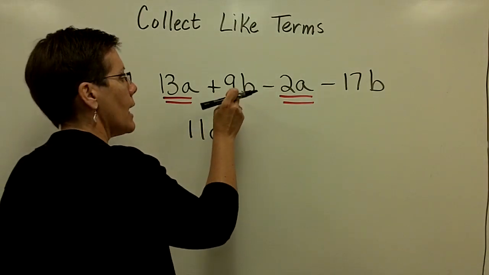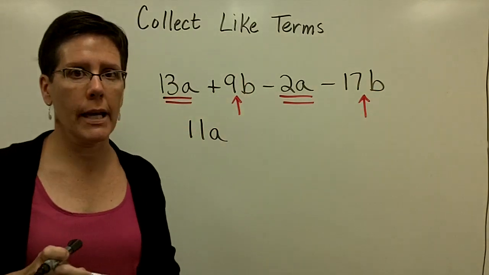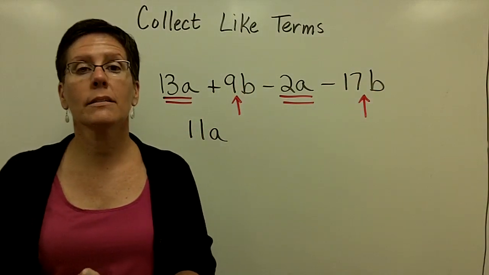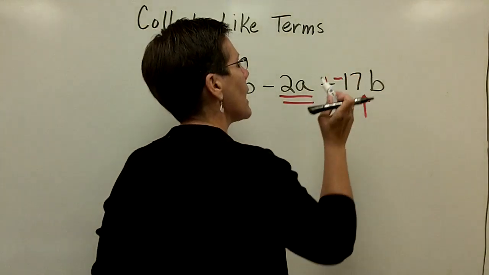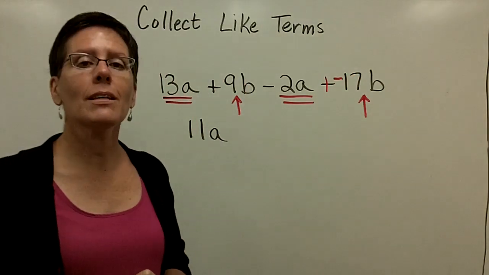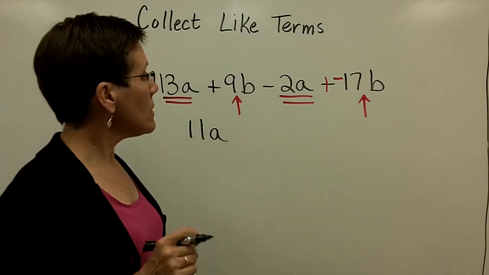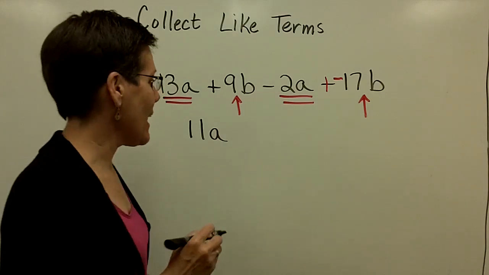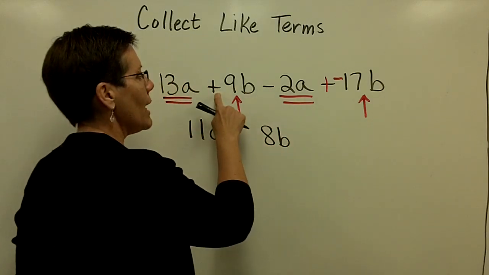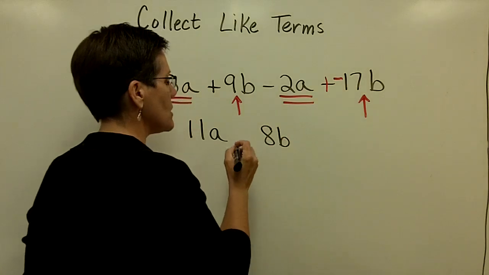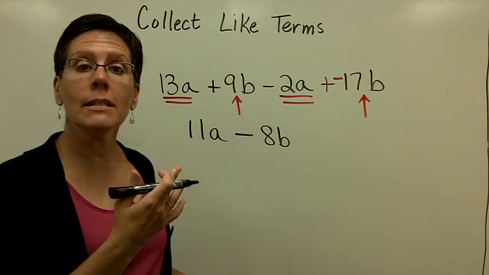Then the 9b and the 17b are like terms, but I know that when I take a positive 9 and add a negative 17, their signs are not alike. So I have to subtract their absolute values. 17 minus 9 is 8. So I have an 8b, but this is a positive 9 and a negative 17, so the negative sign has more pull, so I'd write that as a negative 8b.